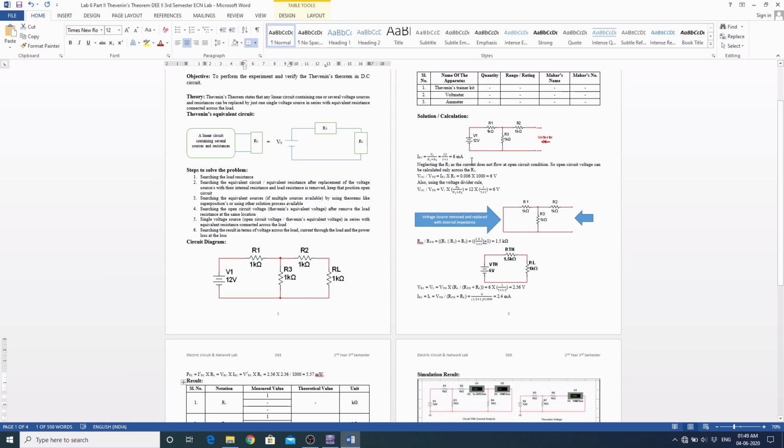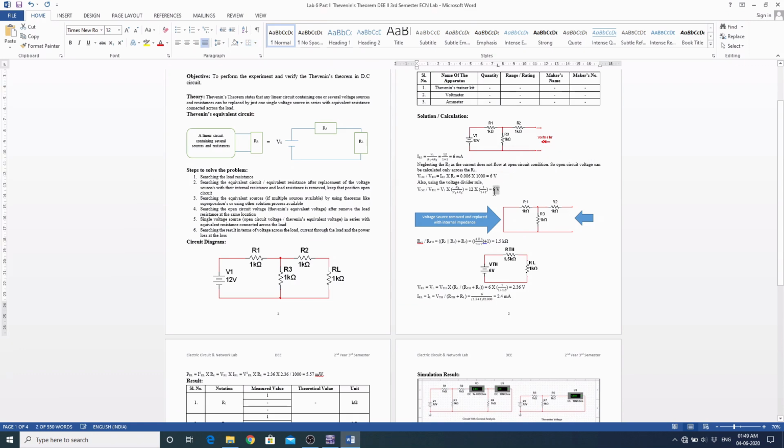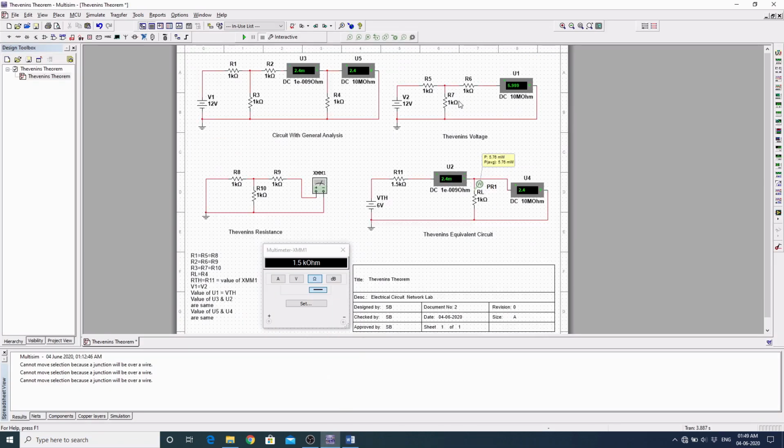This 6 volt I had found using the voltage divider rule and the basic mesh analysis. Here I had removed the load resistance and found the voltage over here as 6 volt.